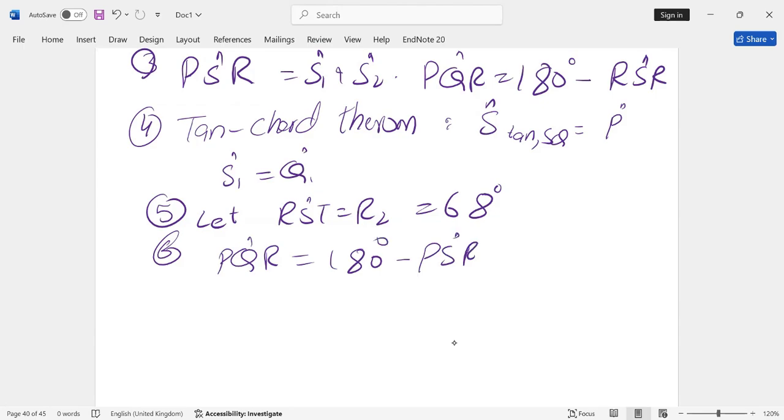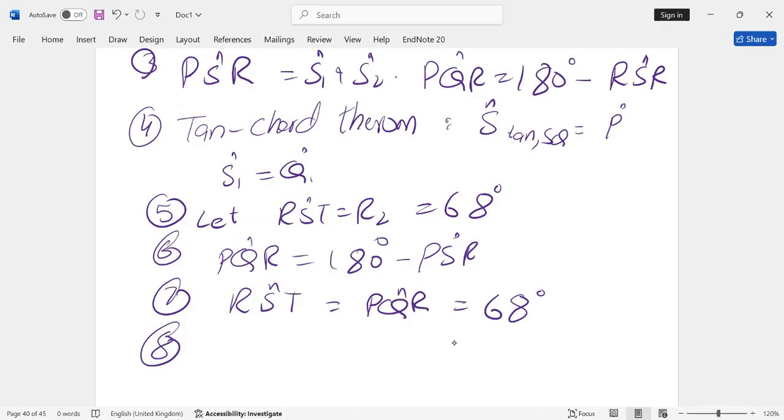And the seventh point is that RST is equal to PQR equals 68 degrees. And the eighth point is that using the provided values P and R, PSR is equal to 180 degrees minus PQR. Okay.